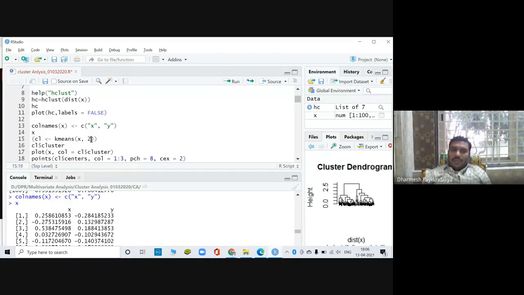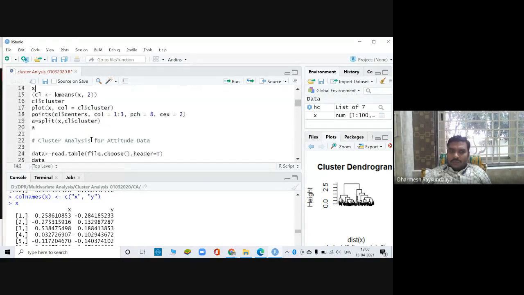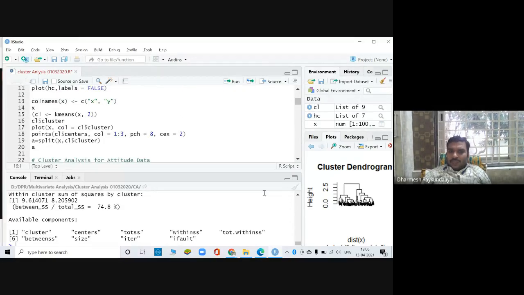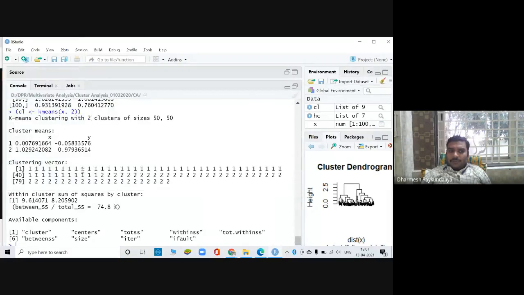Then, if I wish to perform the clustering solution, because I initially have two clusters, I can use the kmeans command. I have to supply the data and how many clusters. So there are two clusters. When I give the entire thing in brackets, it directly prints the value. So you can see that. What is the mean of the first variable in cluster 1?